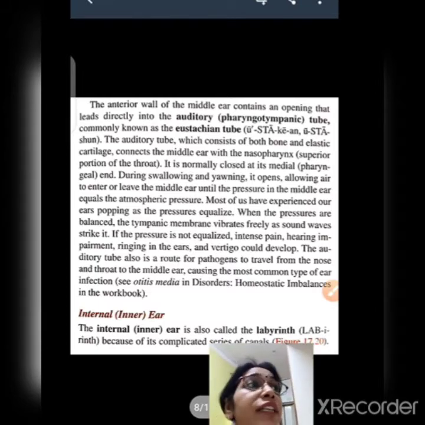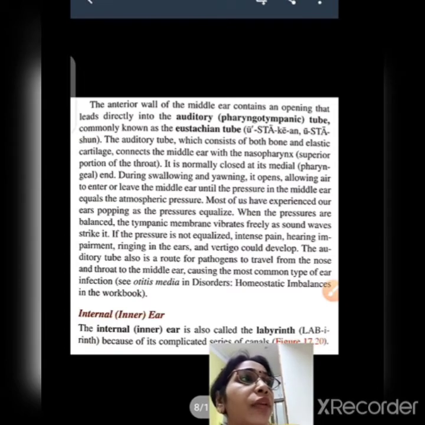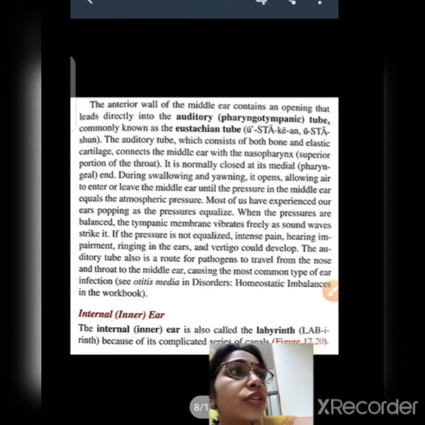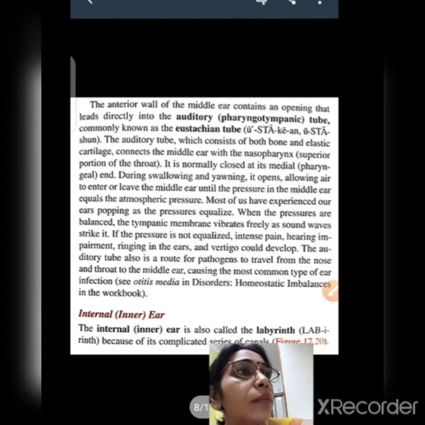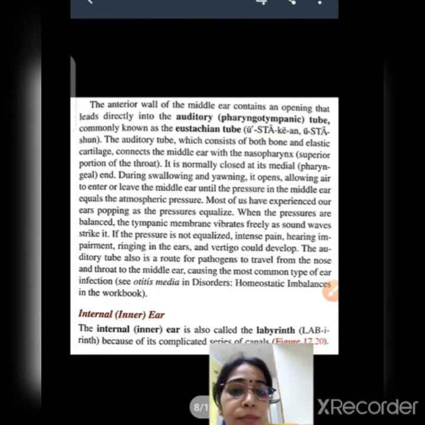Most of us have experienced our ears popping as the pressure equalizes. When the pressures are balanced, the tympanic membrane vibrates freely as sound waves strike. If the pressure is not equalized, intense pain, hearing impairment, ringing in the ears, and vertigo could develop.